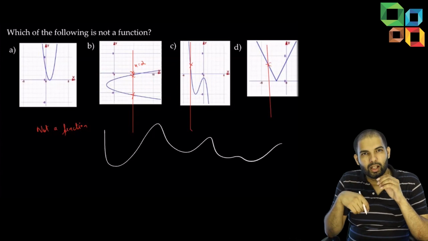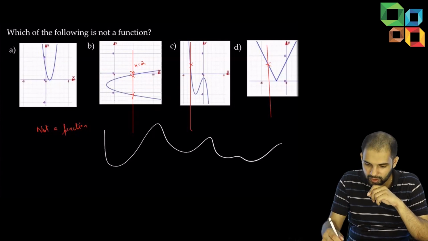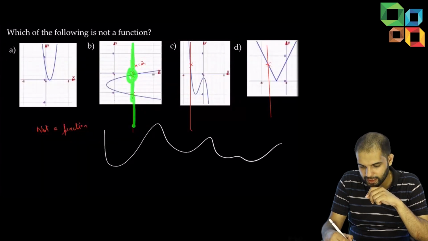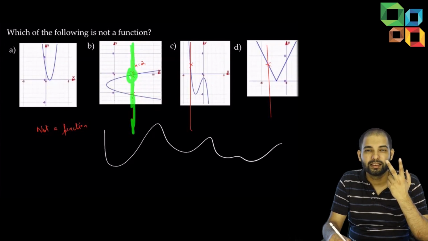So why are we not randomly drawing a line and just guessing? When I draw a line, that means for one particular x value, in this case, whatever this value is, I'm trying to check how many outputs I have. That's why I'm drawing the line. Now, if it cuts at 2 points, that says for that particular input, I'm getting two outputs, which is not a function.